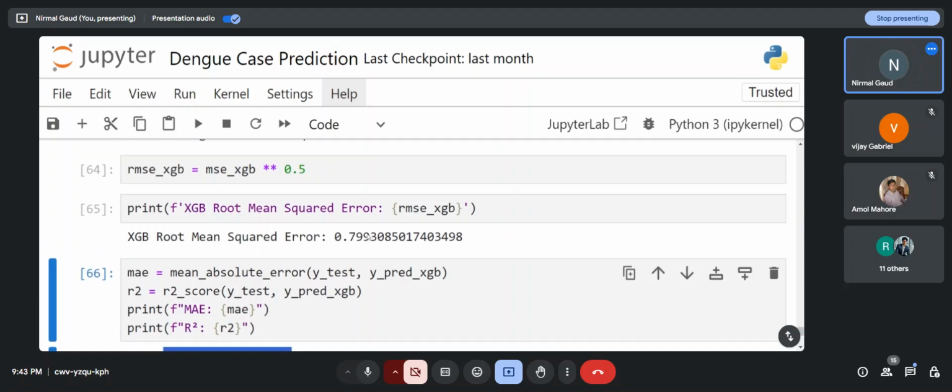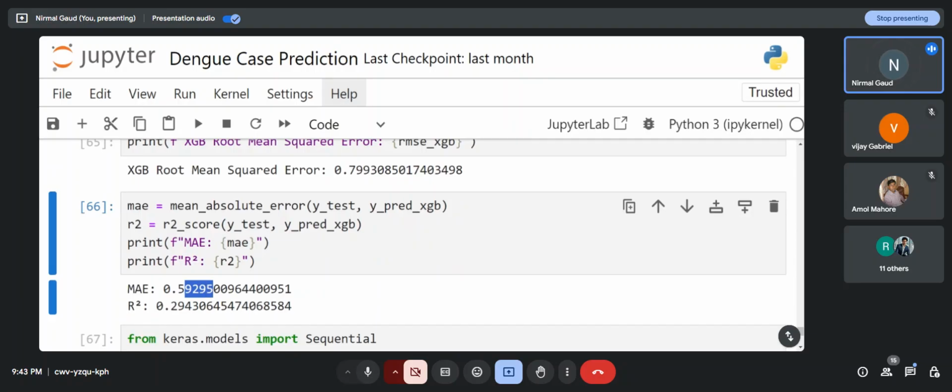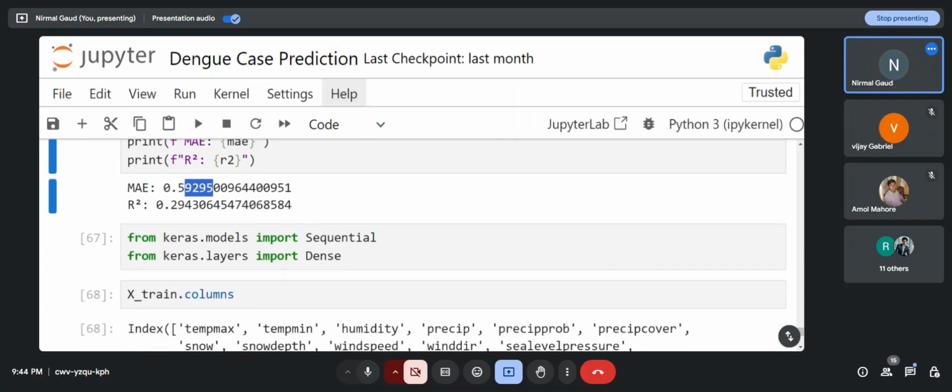See, if you have MSE as 0.63 and MAE as 0.59, they don't have too much difference, so there is no sense to print MAE here. Neither RMSE nor MAE. If MSE is less, ignore. You can print R2 to check how much variance is explained. So 29% only. That means according to the boosting algorithm, 29% of the variance is explained.